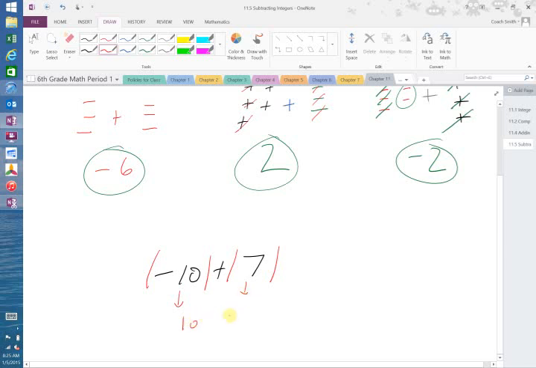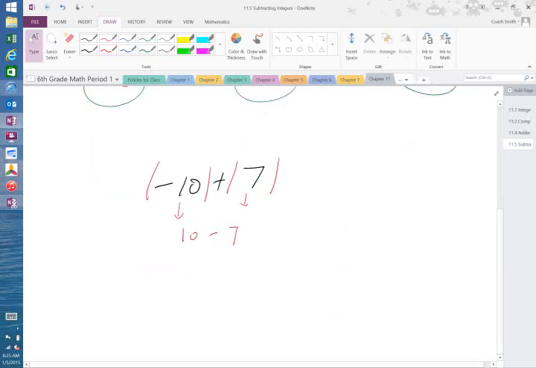The absolute value of 7 is 7, and we're subtracting their absolute values. 10 minus 7 is what? 3. Which one has the larger absolute value, the negative or the positive? The negative. So it's -3.